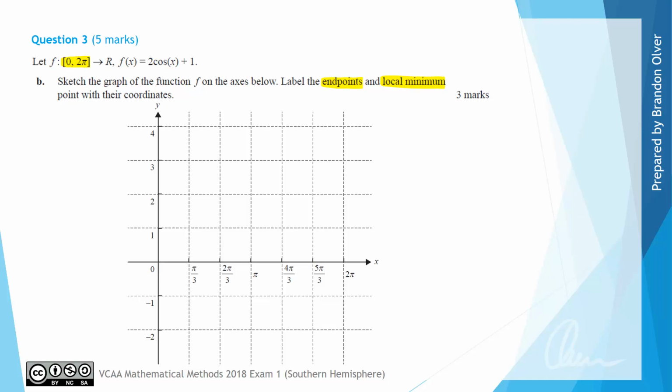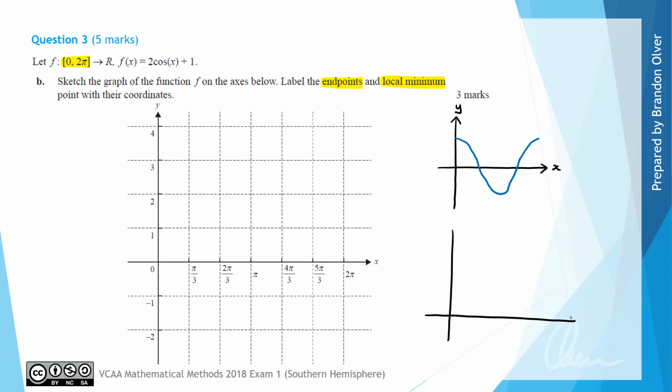Now, if we think about this from a transformations point of view, the graph of y equals 2 cos of x would just look like this. So this would be 2 cos of x. That means that 2 cos of x plus 1 would look something like this.